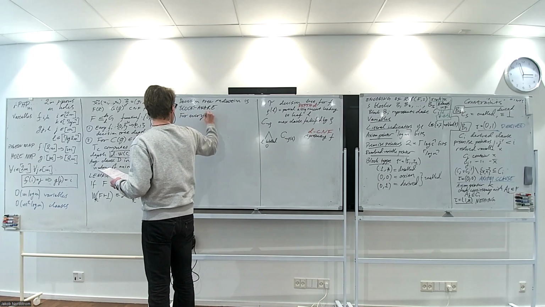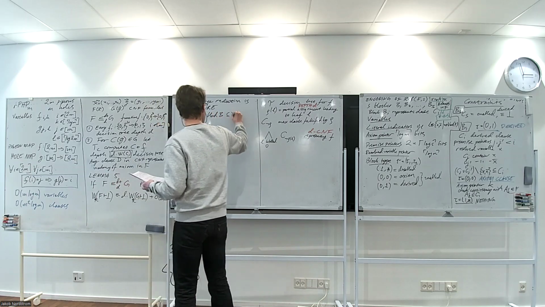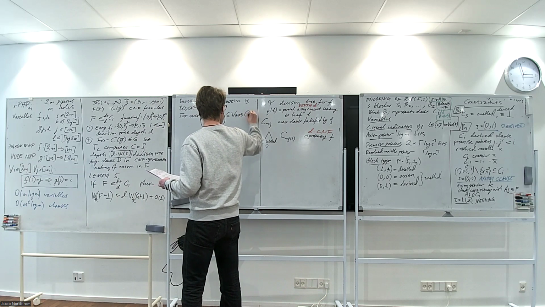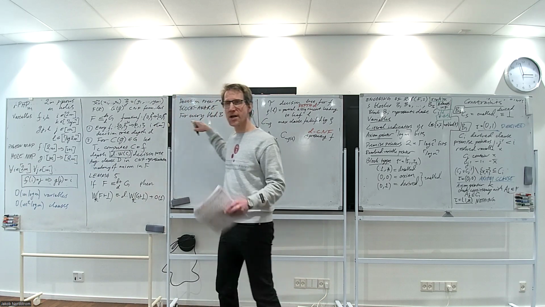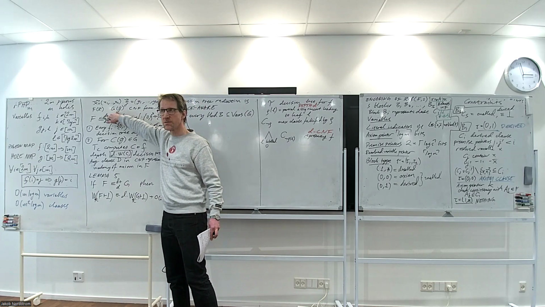So for every block B in the variables of G, so I didn't say this, the block aware reduction makes sense if G comes with a block partition.